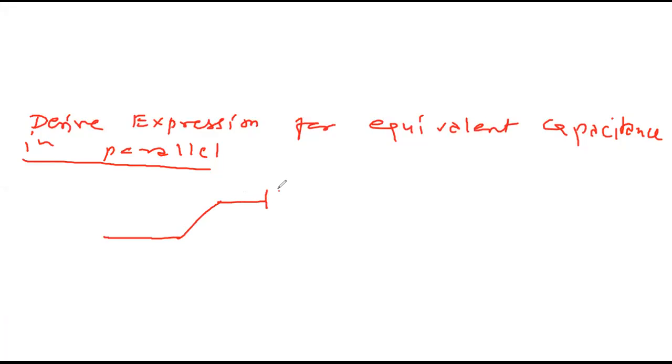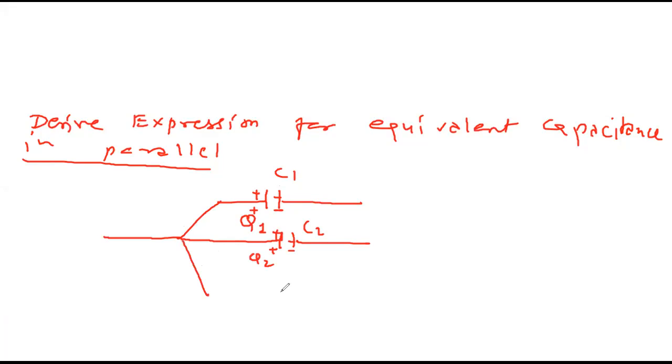One condenser of capacity C1, charge on its plate is Q1. Second condenser C2, charge on its plate will be different, Q2. Third one C3, charge will be Q3.